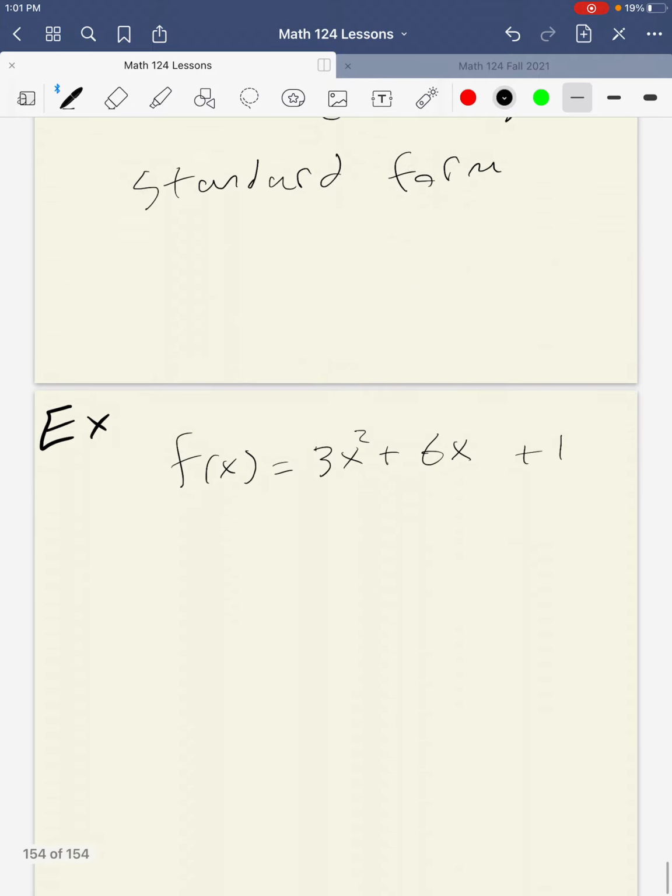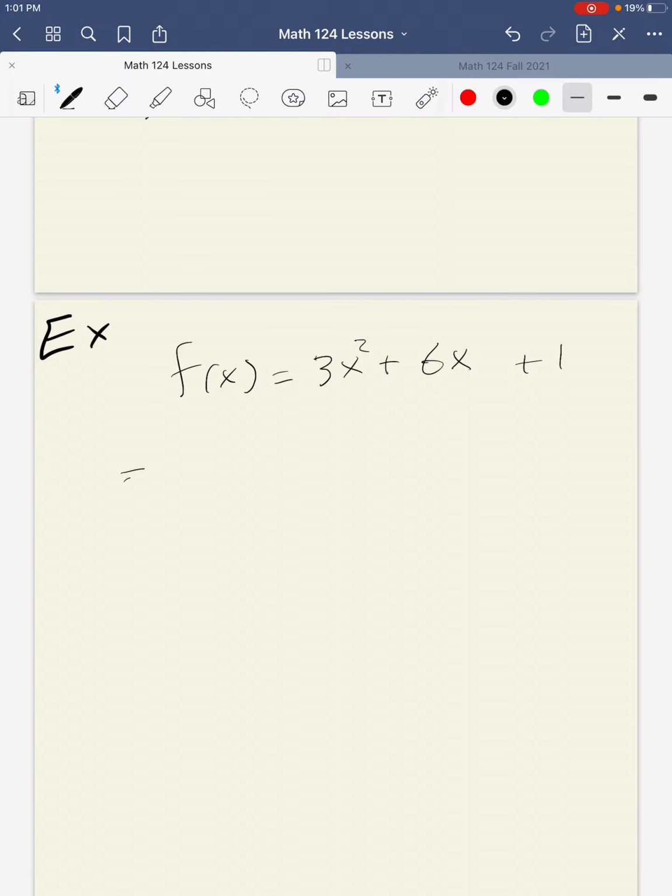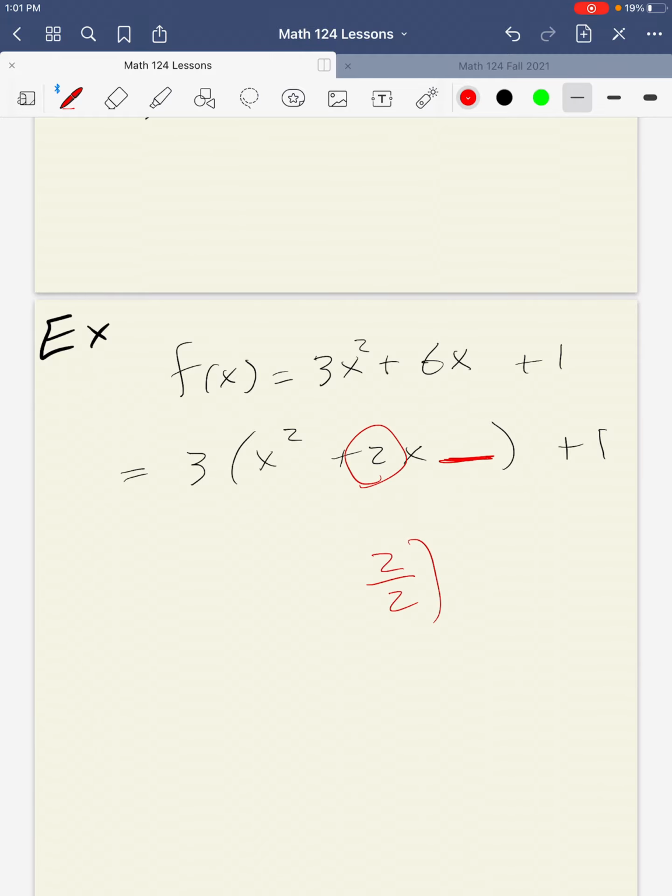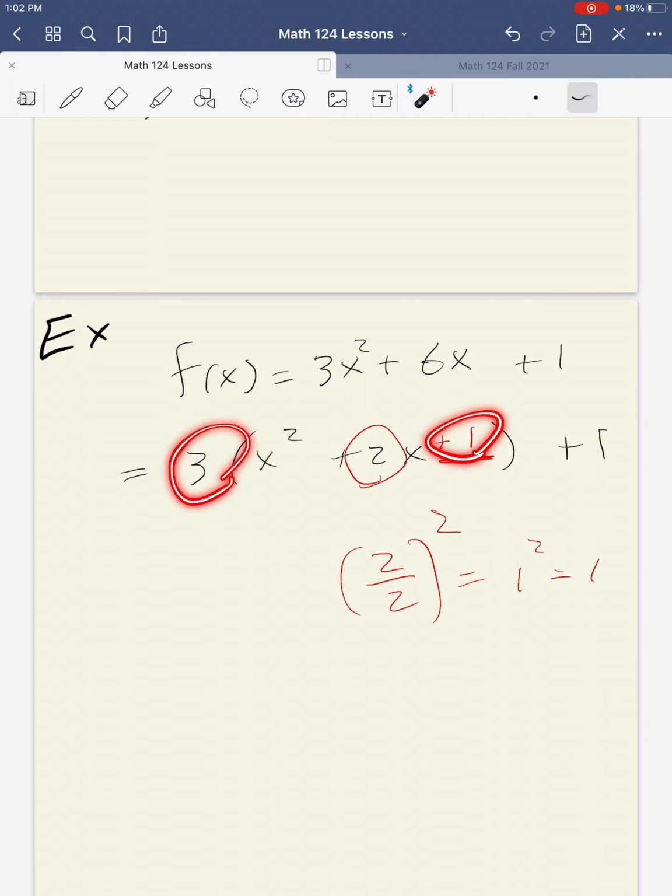Now if we wish to write this in standard notation, first we need to pull the 3 out of the terms with x in it. Okay, you could leave the 1 outside of the parentheses. Now we need to add the magic number. The magic number is we cut that number in half and square it. So that's 1 squared, that is 1. So we add a 1 here, but we have to be careful. It was really 1 times 3.